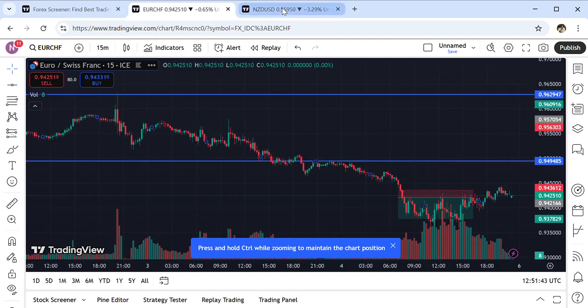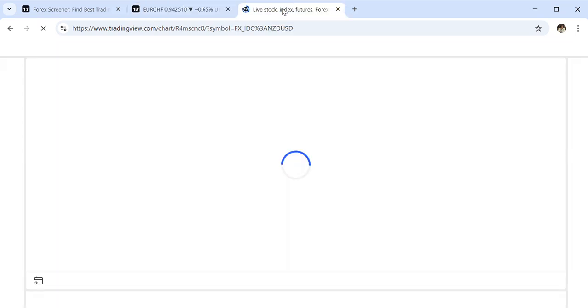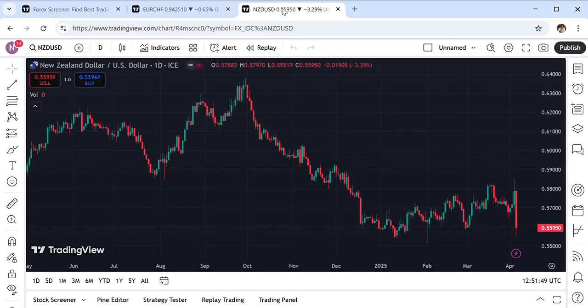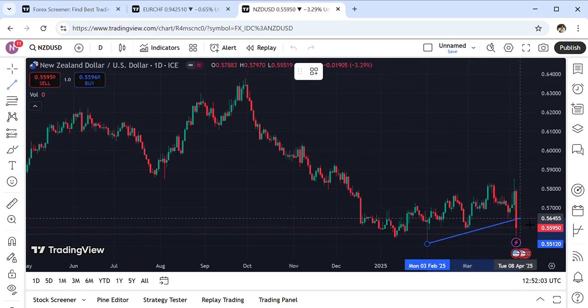So let's go to the New Zealand USD. Sorry. So this is the New Zealand USD chart. First thing first, what are we doing first? We are drawing our support and our resistance level.